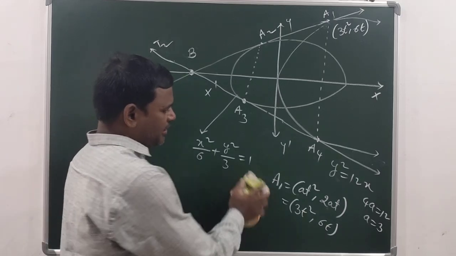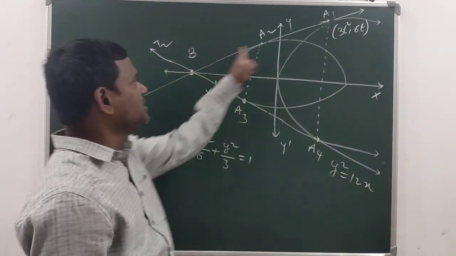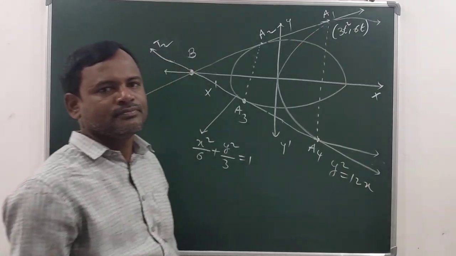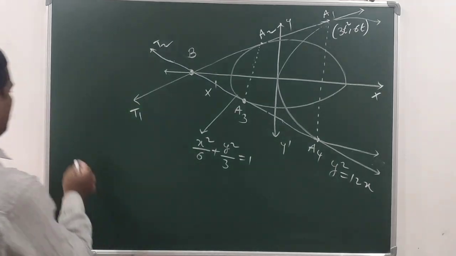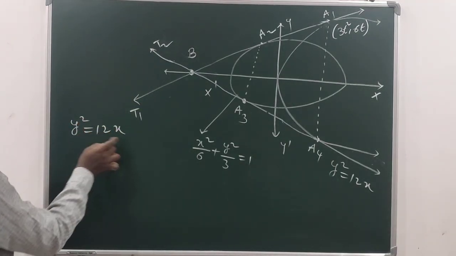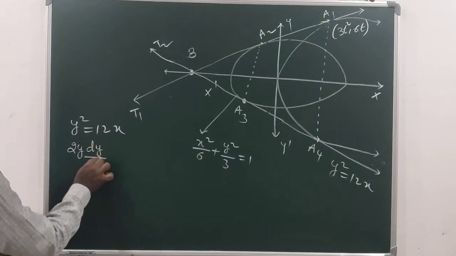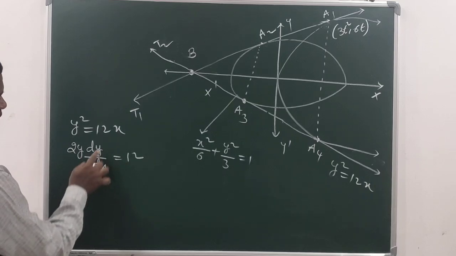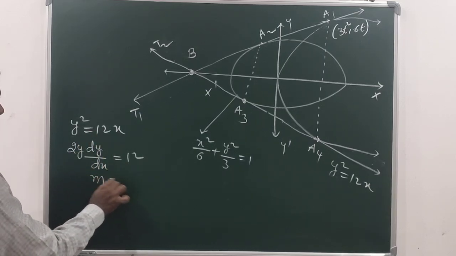Now I am going to find the equation of the tangent drawn at A1. So take the parabola equation y square equal to 12x and differentiate it: 2y dy by dx is equal to 12. Let us take the slope of this tangent to be m.